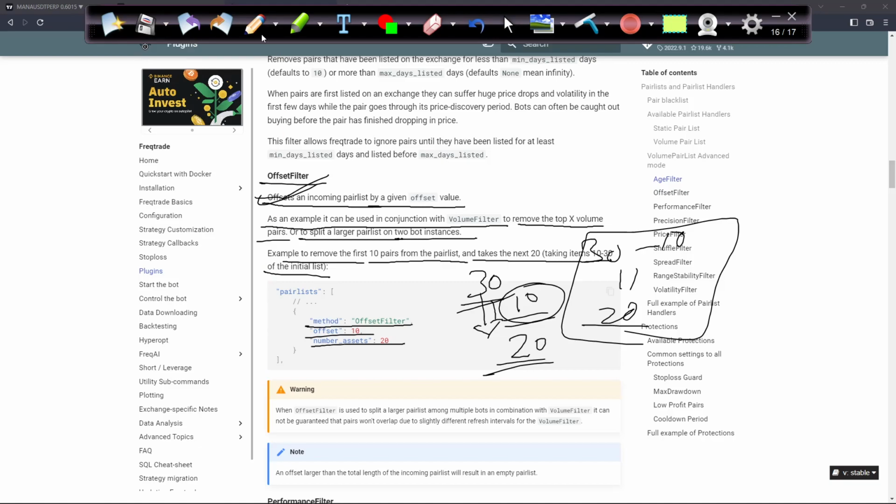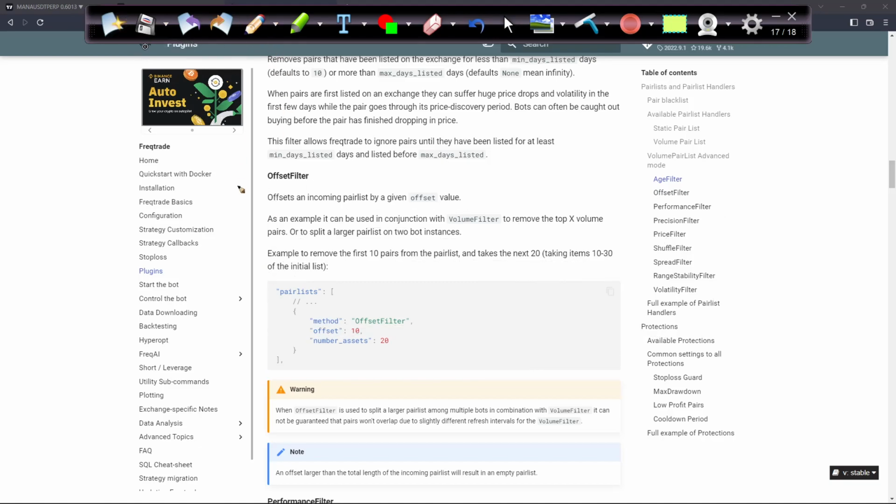So here we have a warning saying that when offset filter is used to split a larger pair list among multiple bots in combination with volume filter, it cannot be guaranteed that pairs won't overlap due to slightly different refresh intervals for the volume filter.